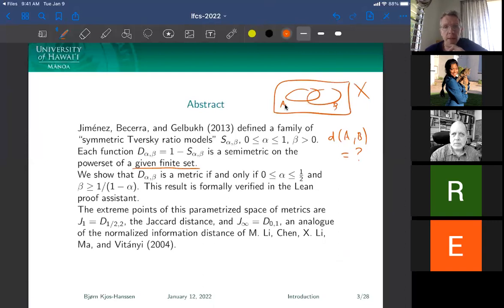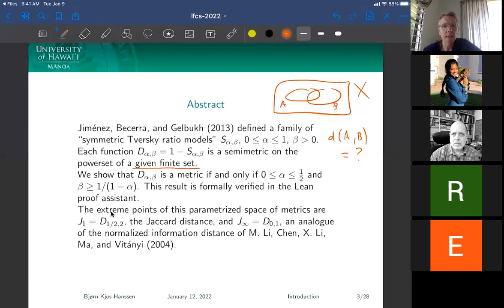So the way this connects to the published literature is that there was a family of such distance measures defined by Jimenez, Becerra, and Gelbu, and we characterize exactly for which of the parameters, alpha and beta, this ends up being a metric.